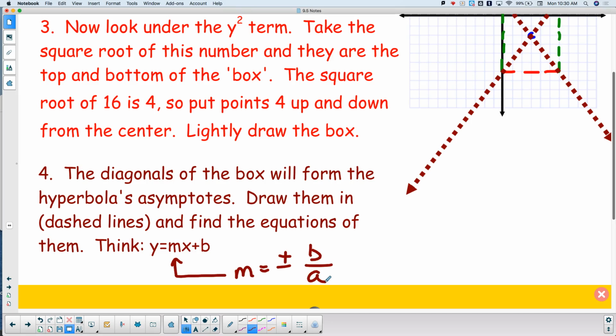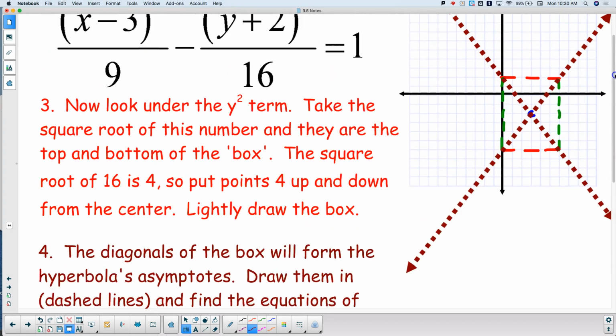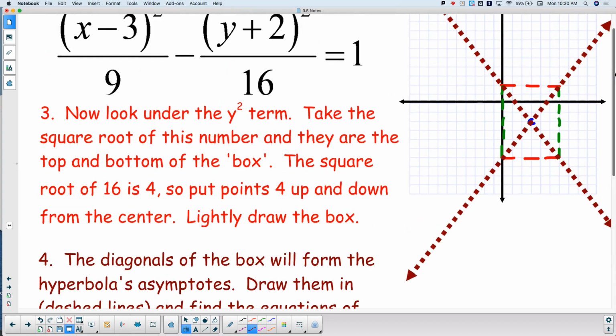Because both asymptotes go through the center, and to get to a corner, I would rise b, because that's where I got it from. B was how much I go up and down. So I rise b, and I run either positive or negative a, depending on which one I'm going to. So that's where the plus or minus b over a comes in.